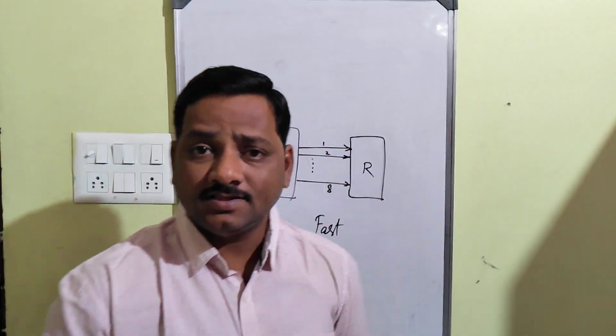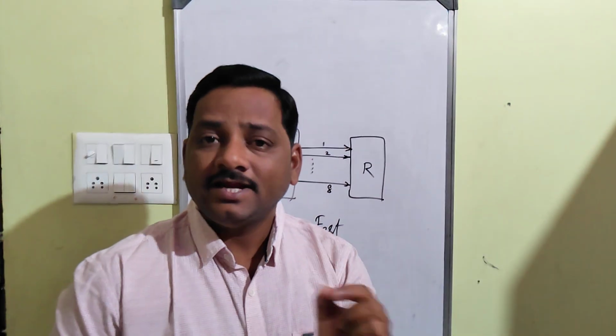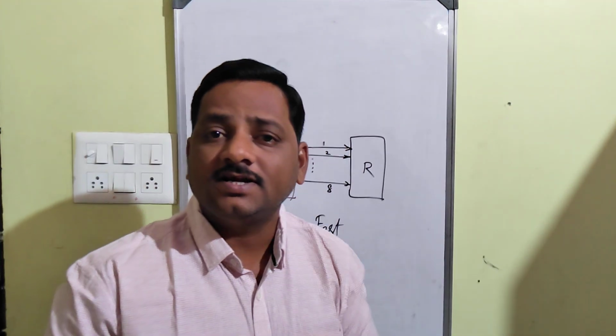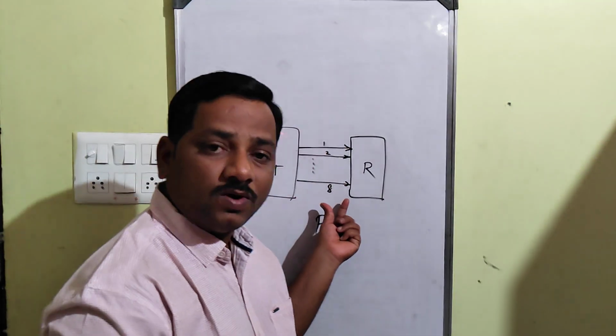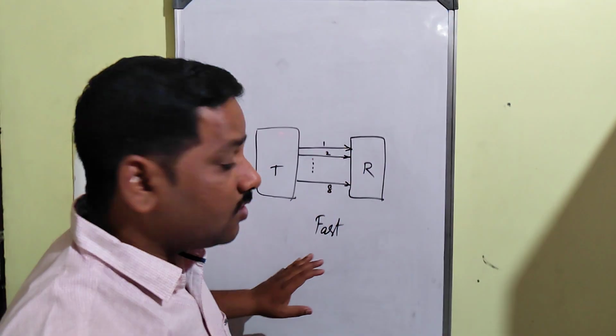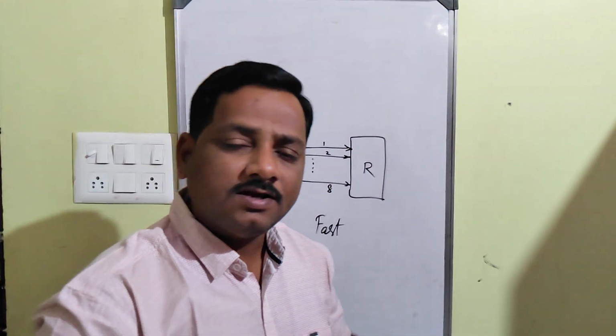But the problem here is that to transfer that 8-bit data, we are making use of 8 wires. Definitely the cost is going to be high. And also if there is any problem in any one wire, insufficient data will be sent. So the cost of this system will be high. This is okay if the receiver is nearer to the transmitter.